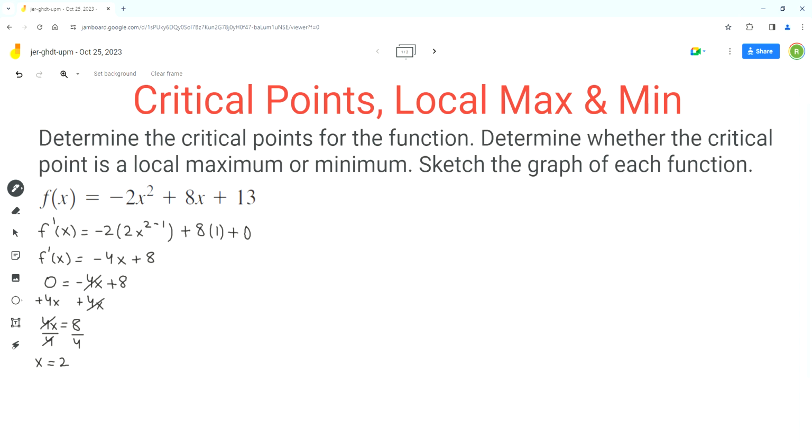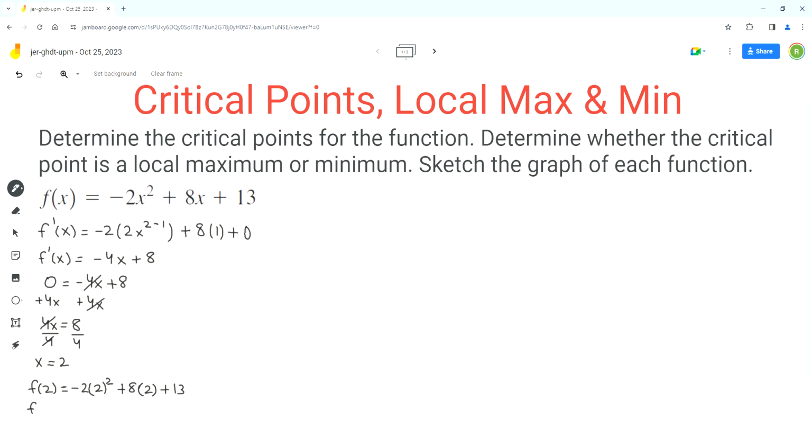So this function has just one critical number, and now we can find the critical point by subbing in x equals 2 in the given function and finding the function value. So we get f of 2 equals negative 2 times 2 squared plus 8 times 2 plus 13.